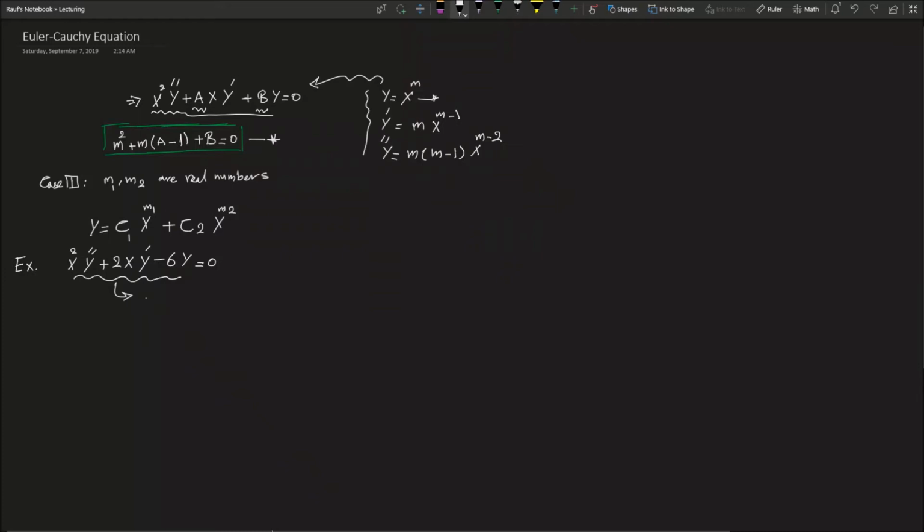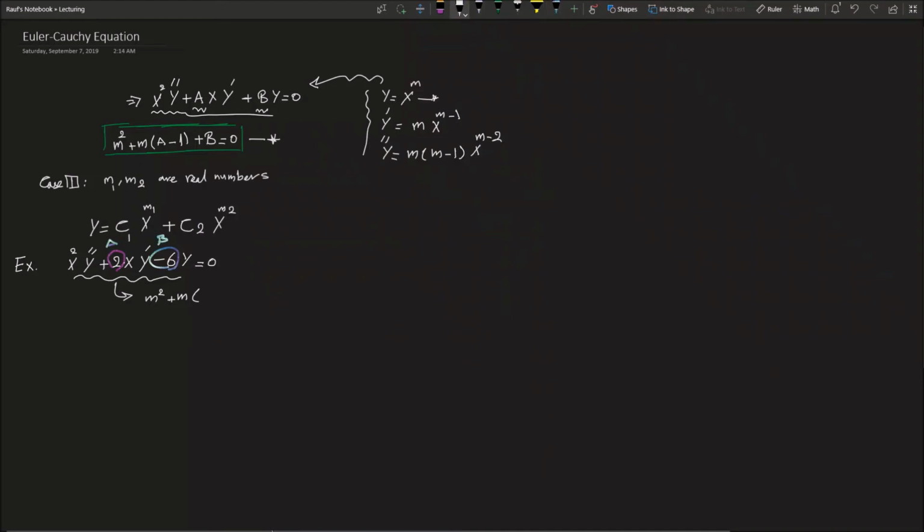So you will have m squared plus m multiplied by a minus 1. This is a and this is b, based on the discussion that we had before.